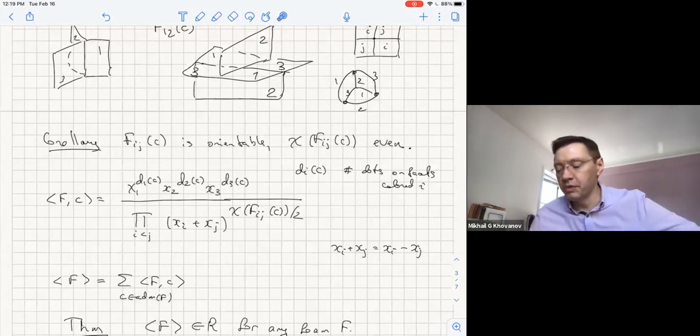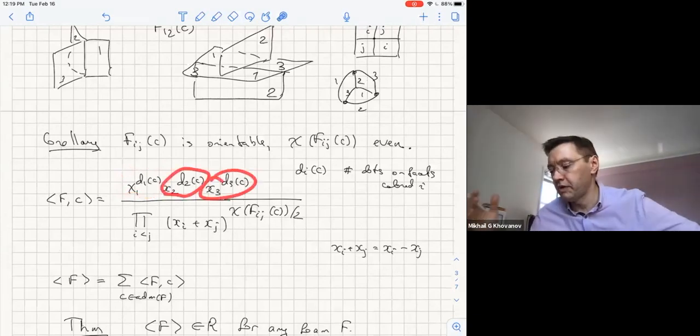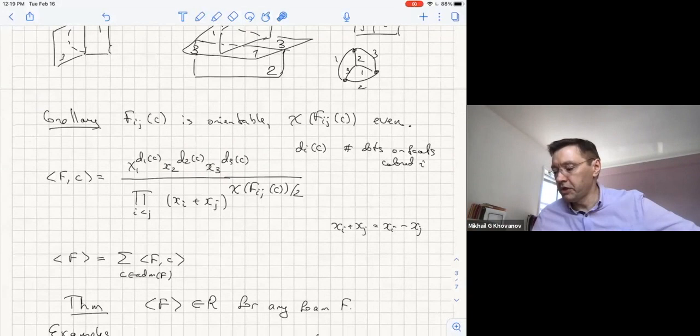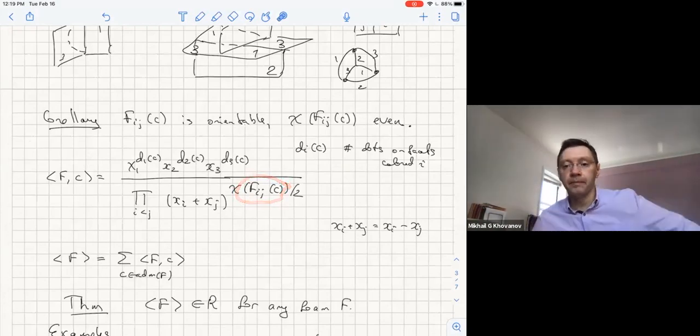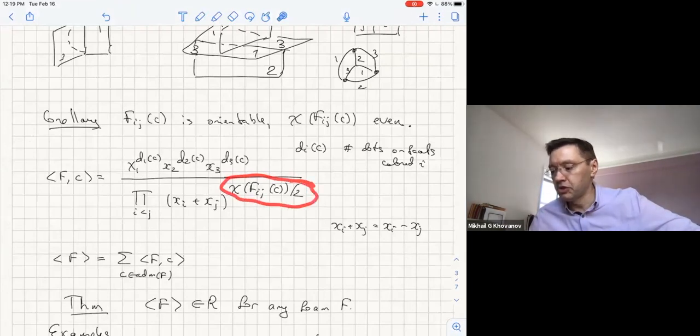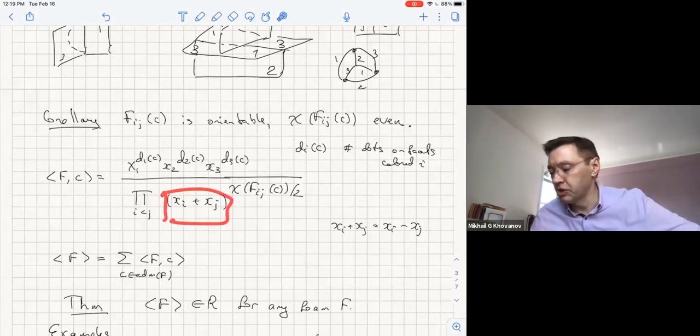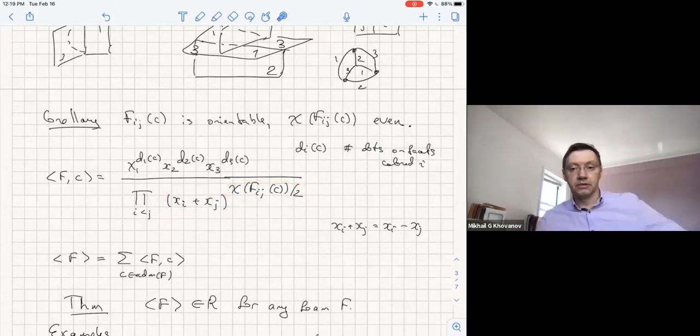So we just put this as a numerator, x1 to the d1, x2 to the d2, x3 to the d3. And then for each pair i less than j of colors, so 1, 2, 1, 3, 2, 3, we look at the surface Fij of C. It's orientable, and because of the even Euler characteristic, this number, chi of Fij divided by 2, is an integer. So we put in the denominator xi plus xj to this exponent, an integer.